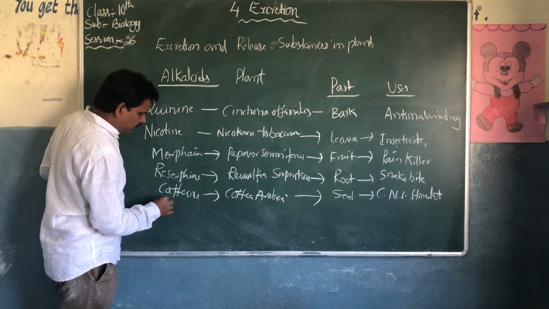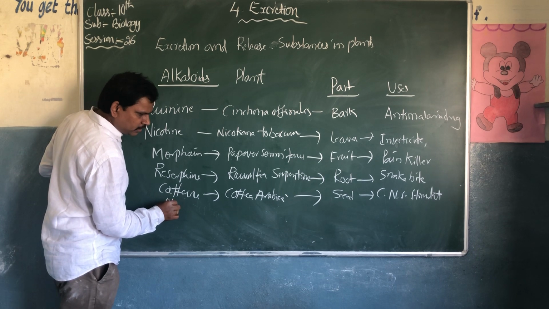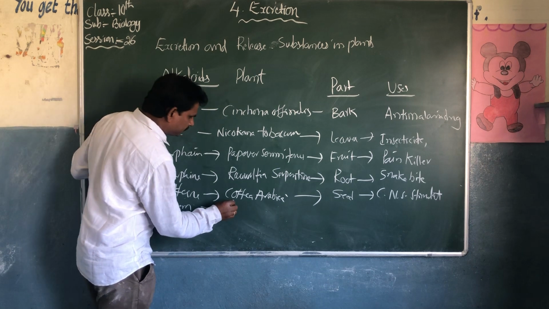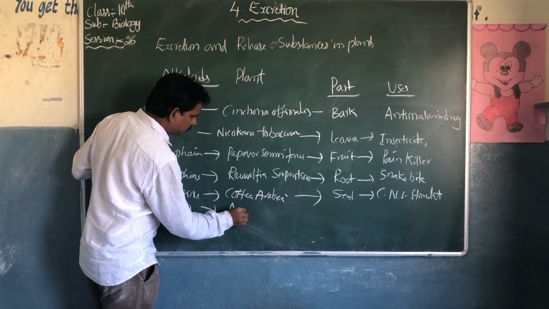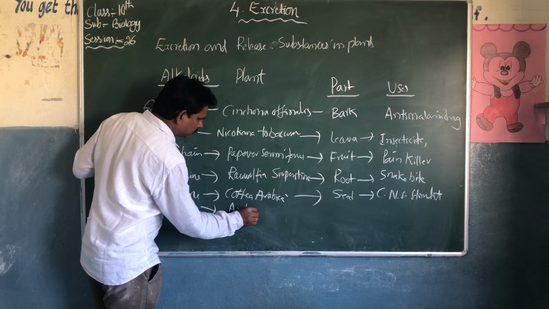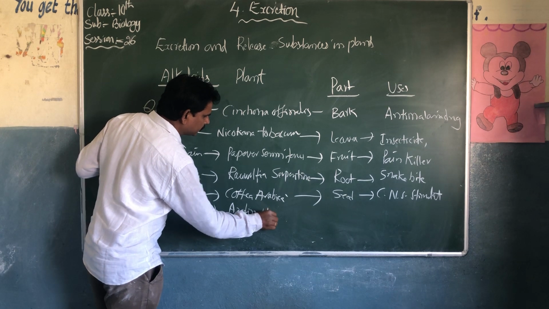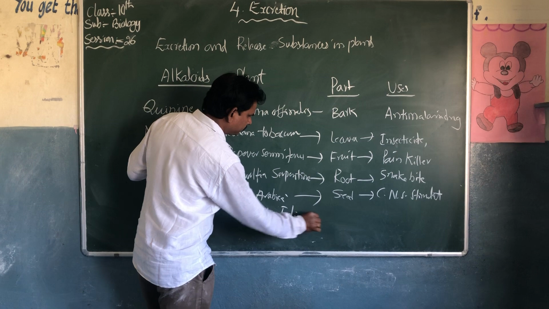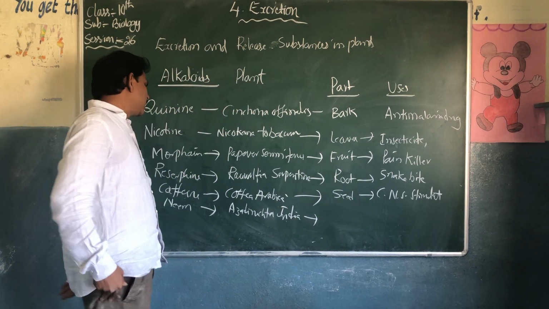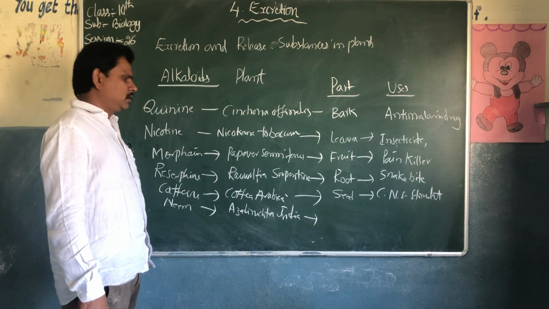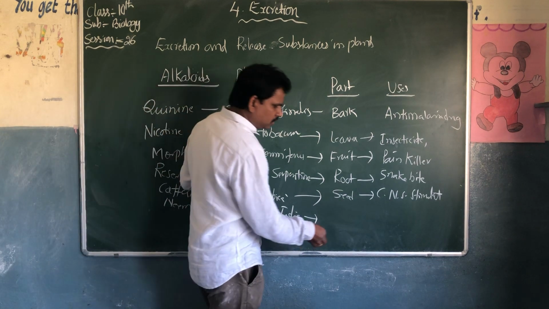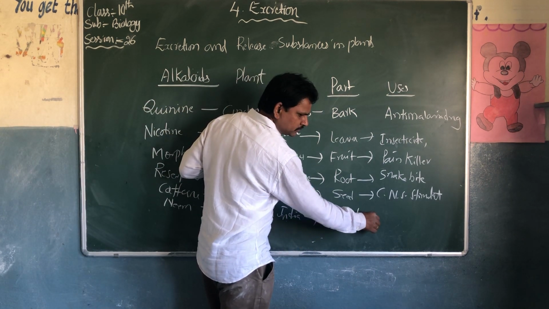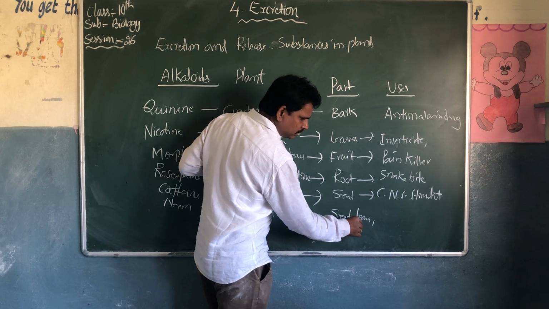Like nimbin, from the neem plant, Azadirachta indica. All parts are very useful: seeds, leaves, and bark.